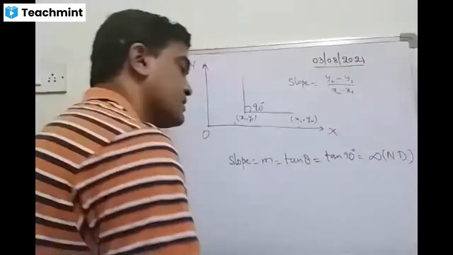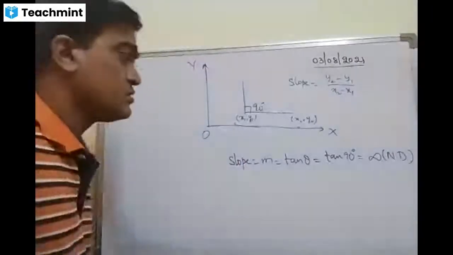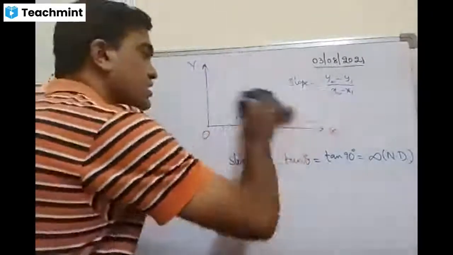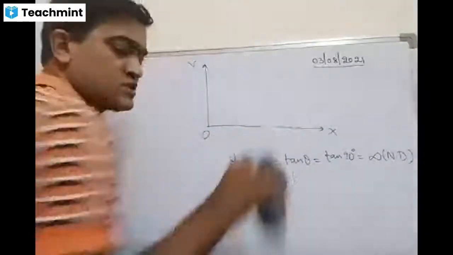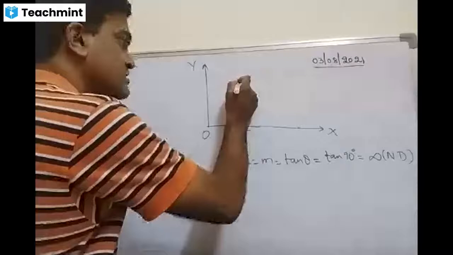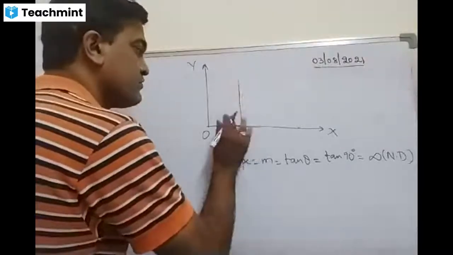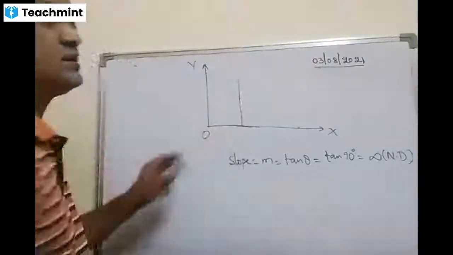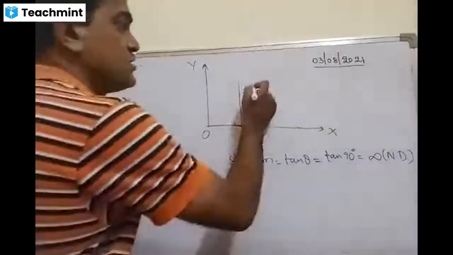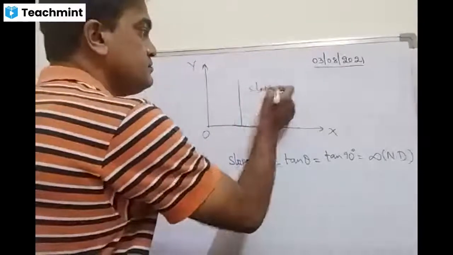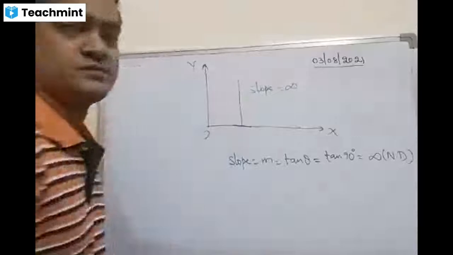That means if I draw a line like this, let me show you, to make you understand more clearly, a line parallel to the y-axis, in this case slope is equal to infinity.